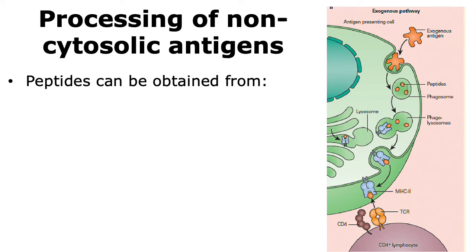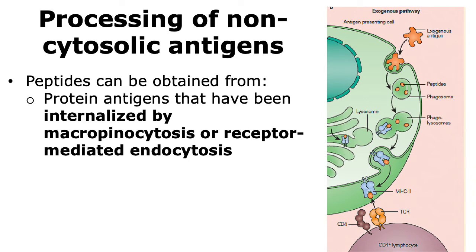Peptides can also be generated from proteins that are not present in the cytoplasm of antigen-presenting cells. These peptides can be obtained from protein antigens that have been internalized by the antigen-presenting cell through endocytic mechanisms like macropinocytosis or receptor-mediated endocytosis.